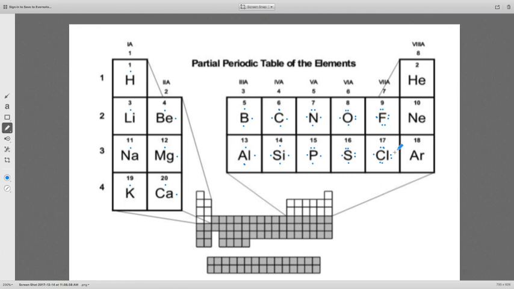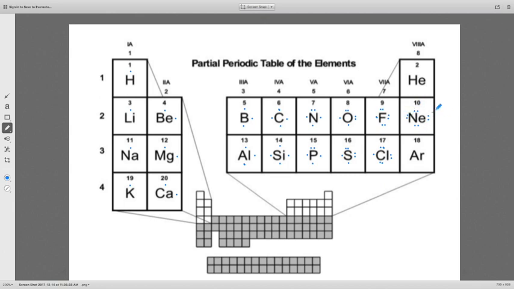Now on to the noble gases. We know again helium is kind of an exception. We'll come back to that in a moment. Neon and argon are going to have 8 valence electrons. So 1, 2, 3, 4, 5, 6, 7, 8.